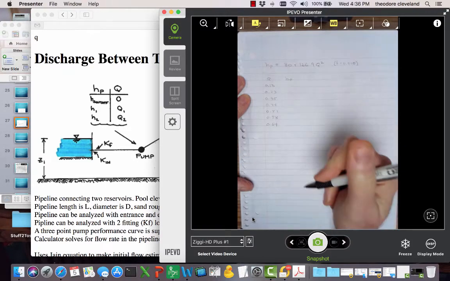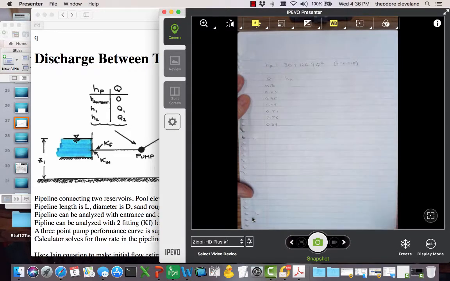Now I chose those not entirely arbitrarily. Those are ones I think I can achieve by a different technique using an online calculator. So we'll see how close we can come to that.